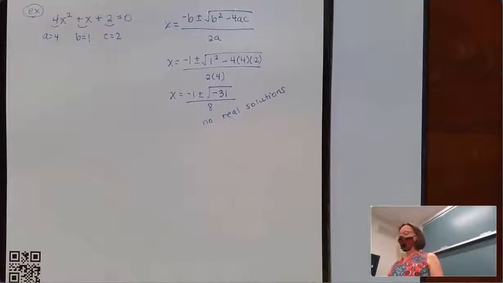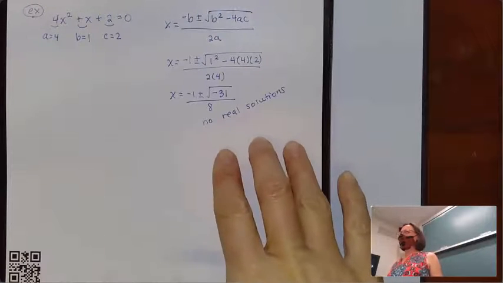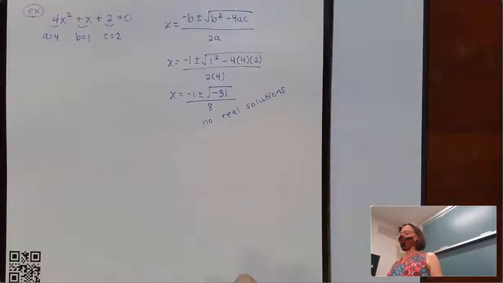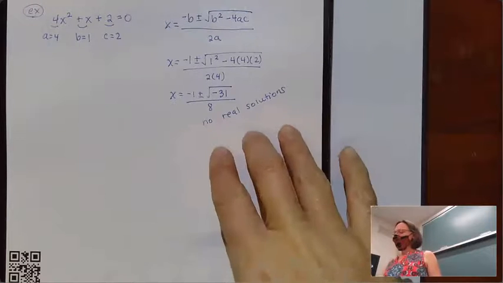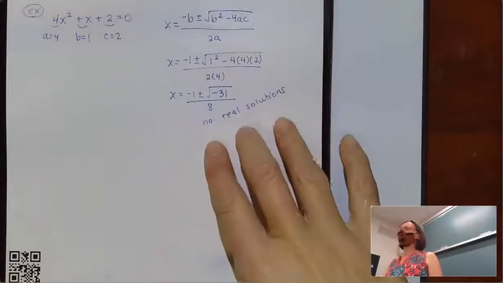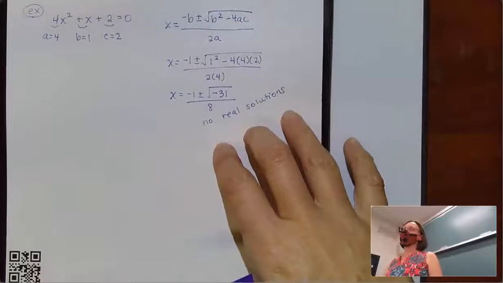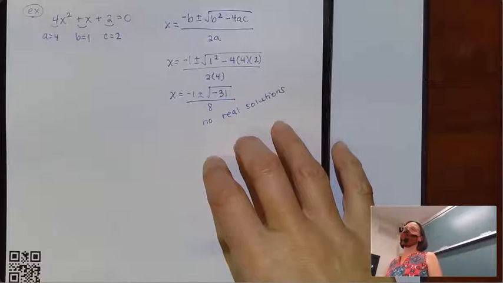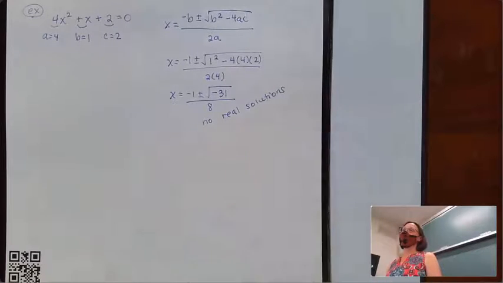However, almost all of the time, if we get to this point, we're going to say that there's no solution, because almost all of the time, we really only want to be dealing with real numbered values.